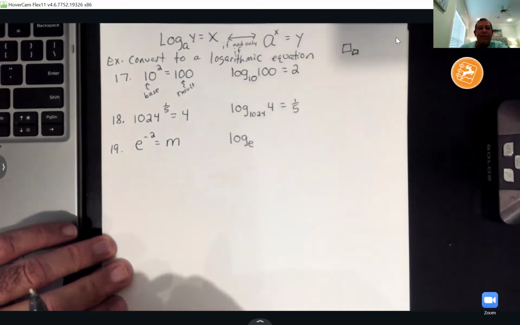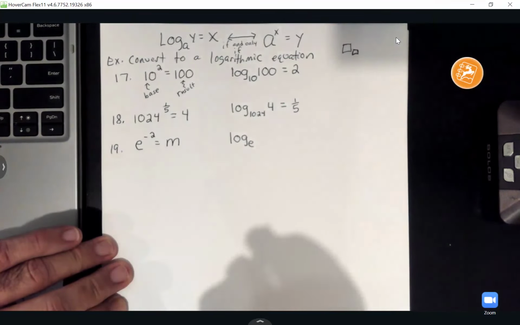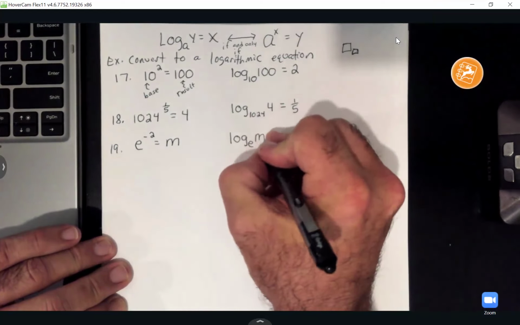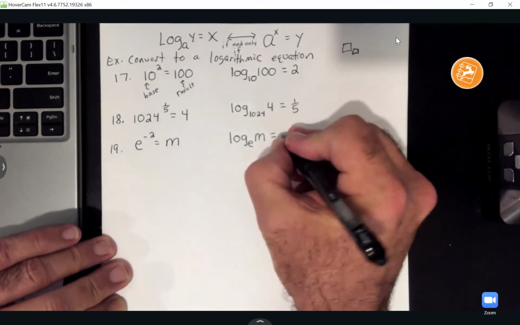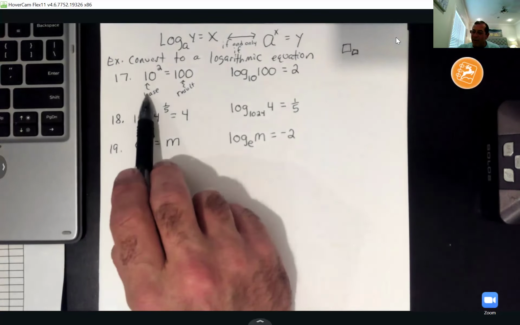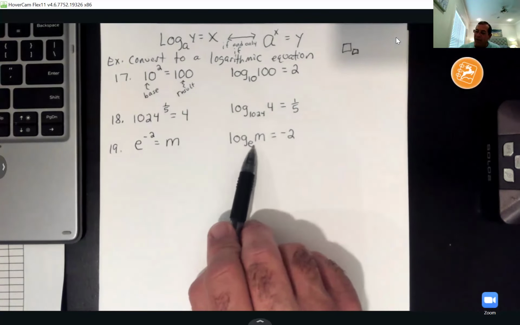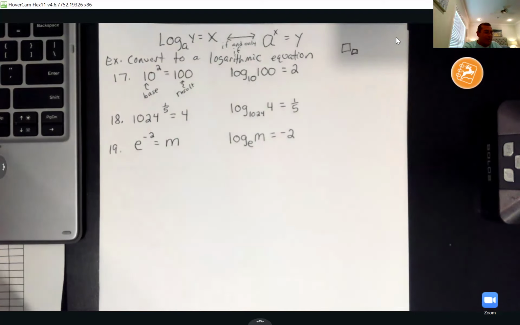My result? M. Sorry, M. And that'll equal the exponent of -2. No, these ain't bad. You just have to remember that the base is the base of the log, the result is the result on the log, and so on, okay?